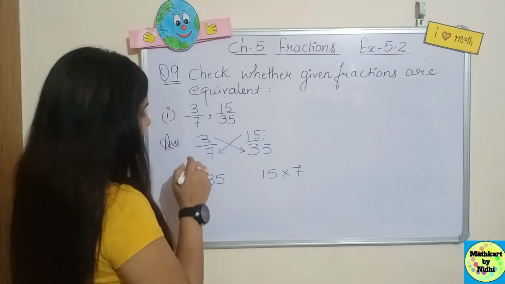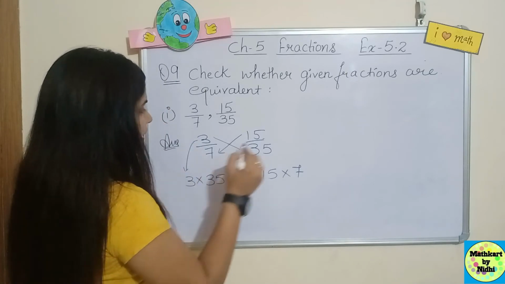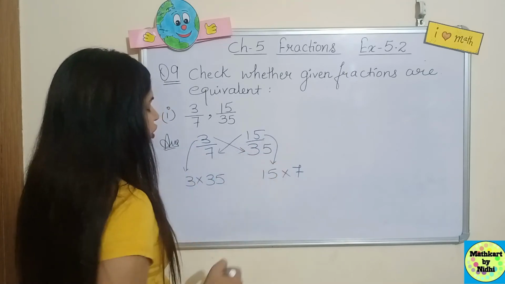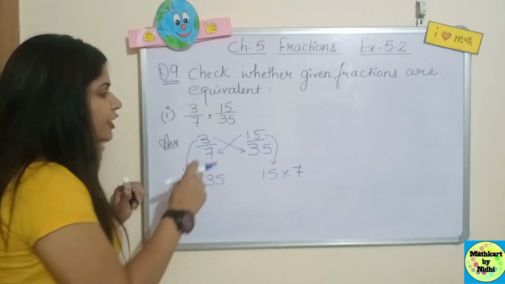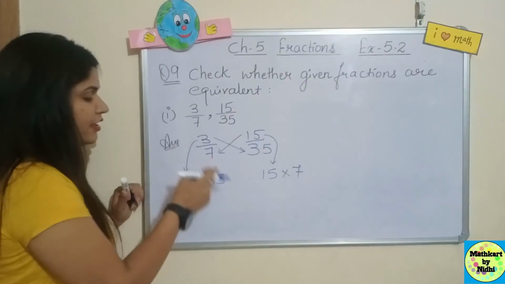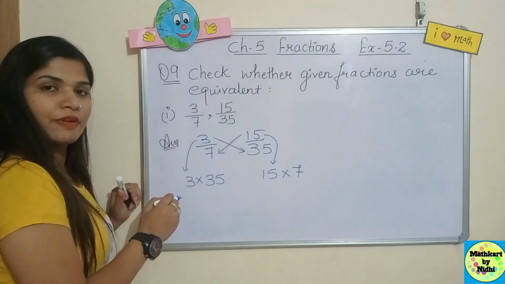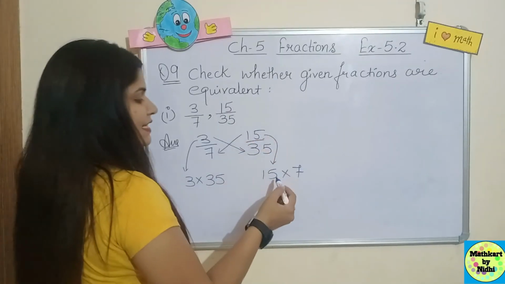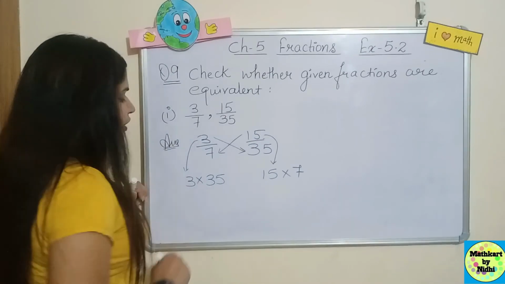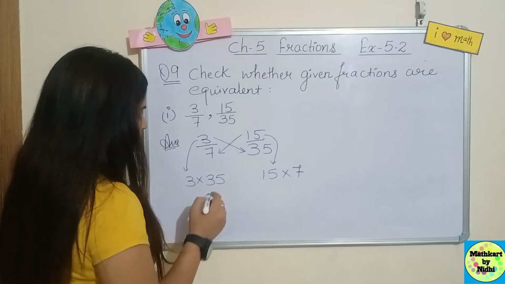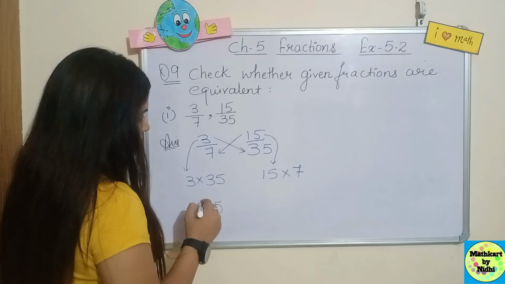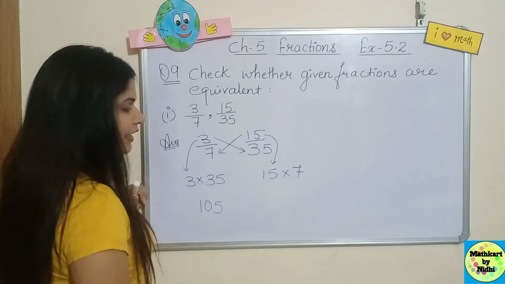Make sure I have not changed the places of the numerators, right? Denominators I have written here in the cross, but the numerators, if 3 is on the left side, it will be on the left side. 15 is on the right side, so it will be on the right side. So 3 into 35, 3 5s are 15, and it is 105, right?